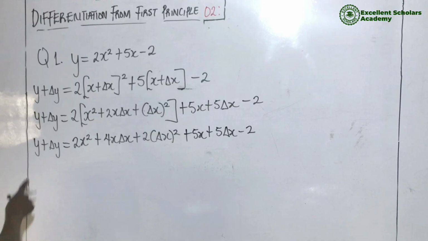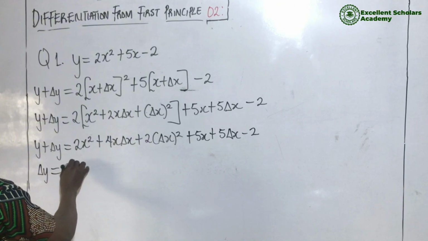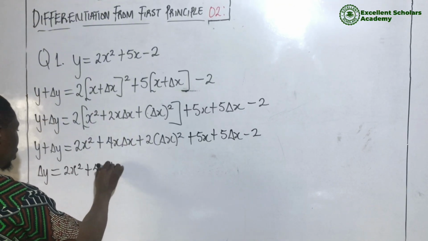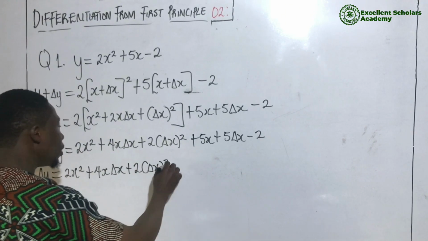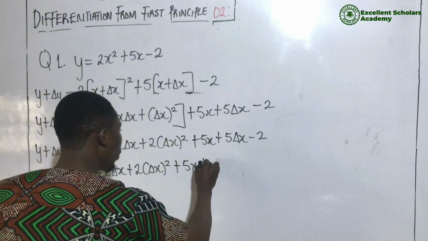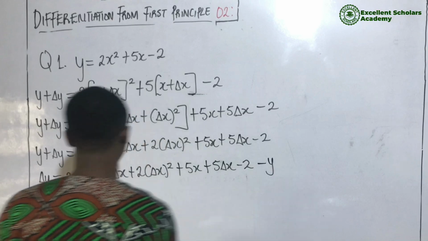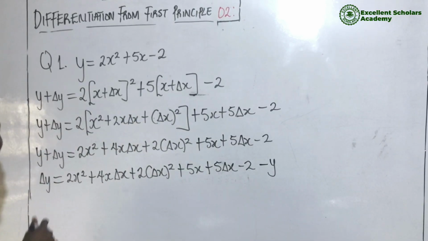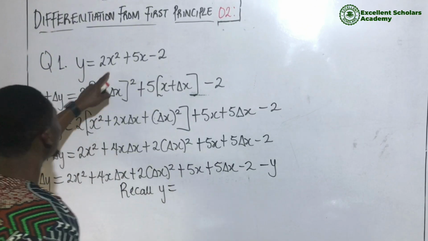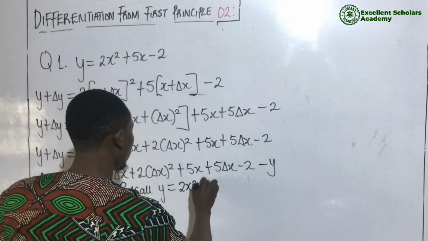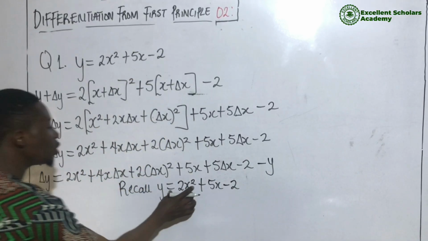So the next thing we'll do is take y to this side. So change in y is going to be equal to 2x squared plus 4x change in x plus 2 (change in x) all squared plus 5x plus 5 change in x minus 2 minus y. I hope that is clear. So recall that y equals 2x squared plus 5x minus 2, so we're going to substitute y here.